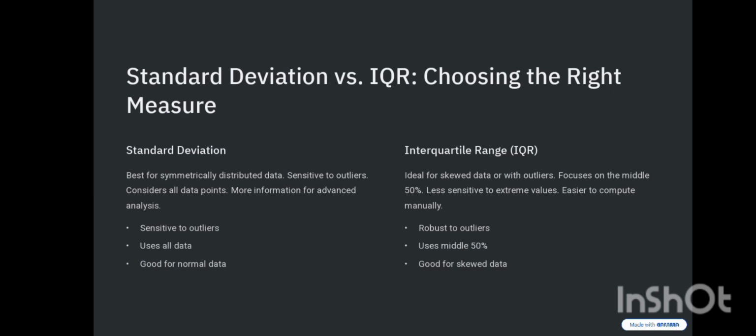Interquartile range is ideal for skewed data or data with outliers. It focuses on the middle 50%, is less sensitive to extreme values, and is easier to compute manually. It is robust to outliers, uses the middle 50%, and is good for skewed data.